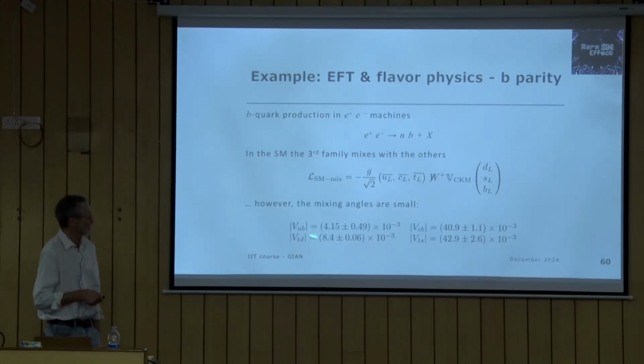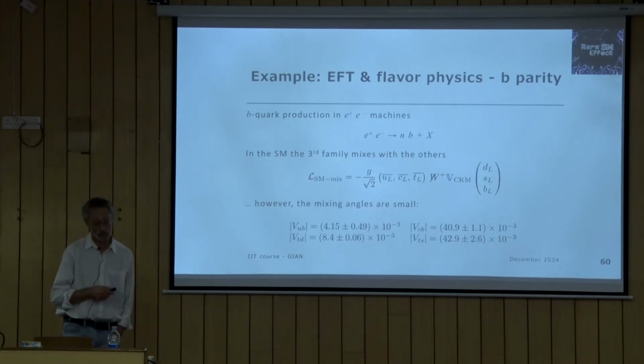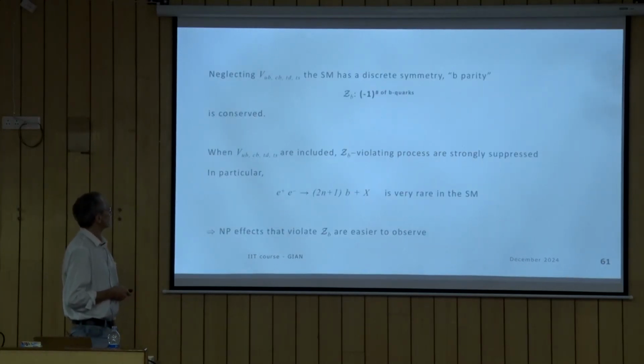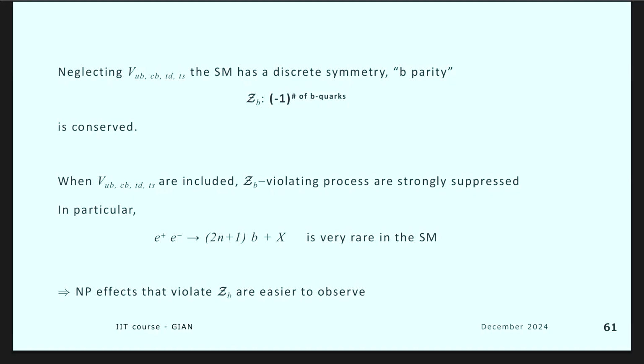So the point is that in the standard model, the third generation almost does not mix. Because of that, the number of quarks in the third generation does not change from initial to final state.